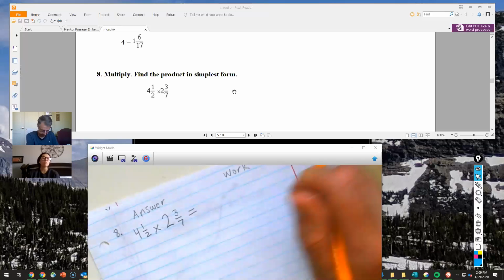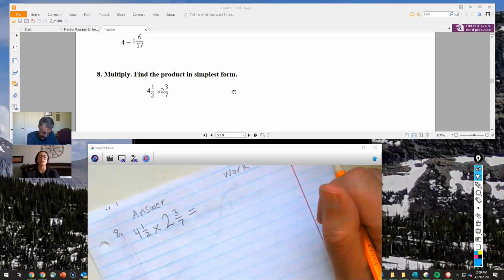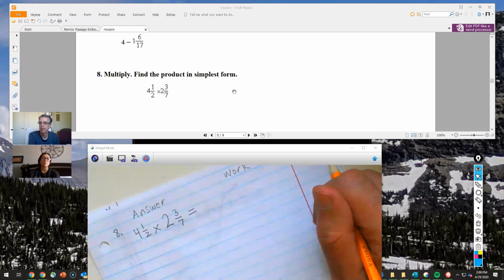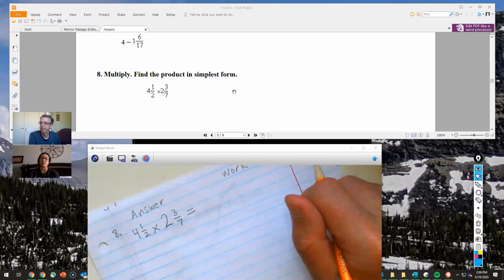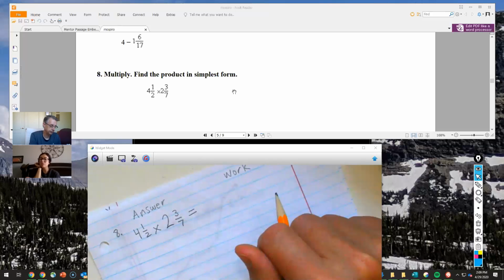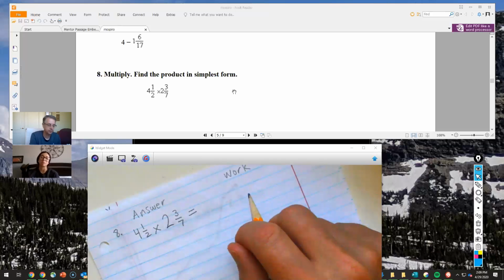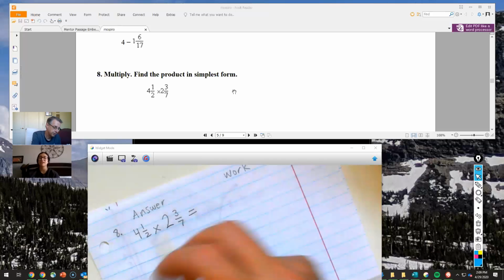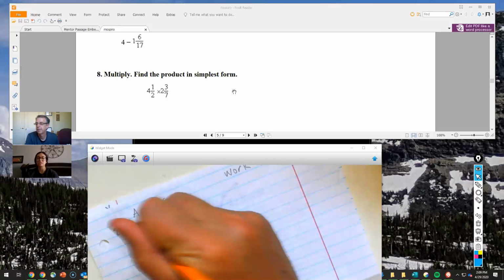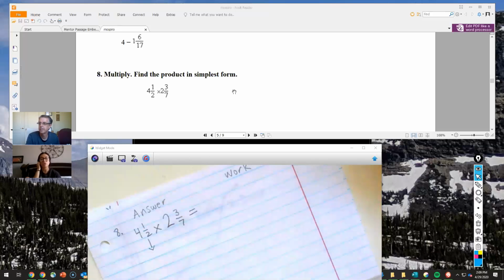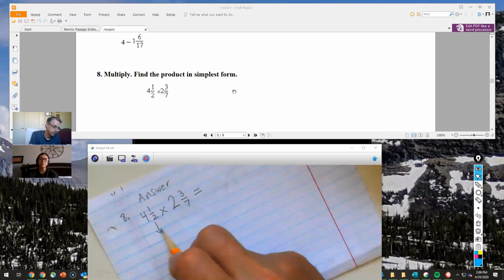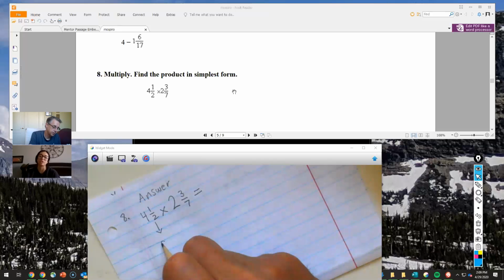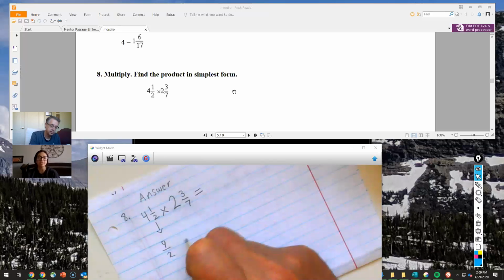So for this one, we don't have to write them vertically. That's only with addition and subtraction. Our first step is, because we can't multiply when we have mixed numbers, we have to turn our mixed numbers into improper fractions. So our 4 1/2 is going to turn into 9/2, because 2 times 4 gives you your 8, plus your numerator gives you 9, and your denominator stays the same, so 9/2.